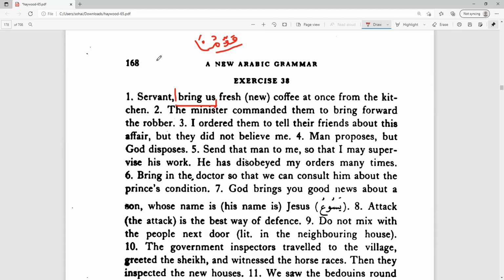Qaddimna, fresh coffee. Qaddimna al-kahwata, very important, al-kahwata al-jadidata, minal matbakhi. That's very good.